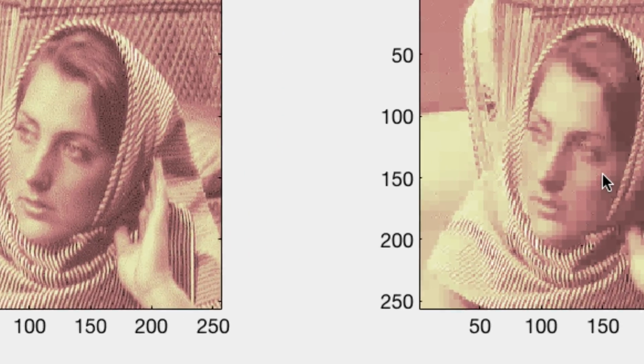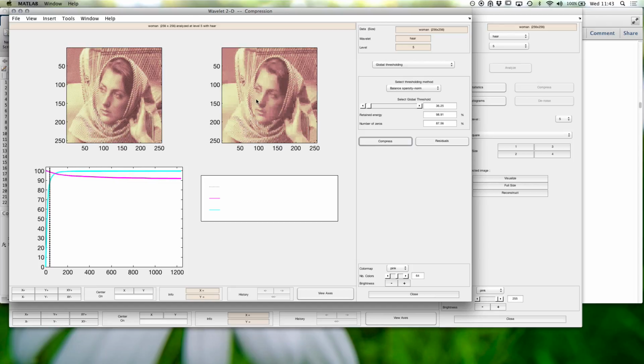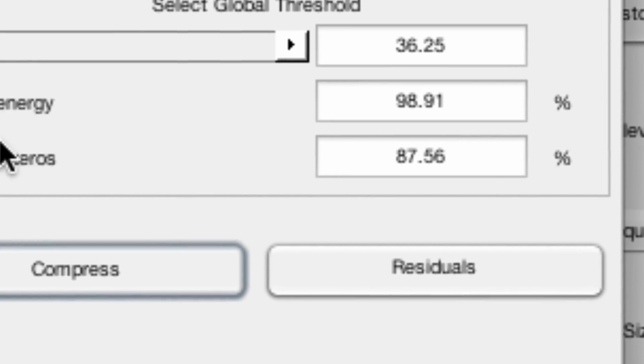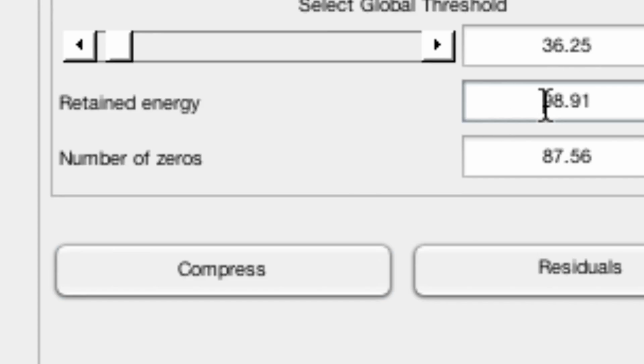Here you see that the noise is gone, although it's a little bit blocky. And here you can see these small details of the checkerboard type from the smallest details. And then here you can see that in the L2 sense, most of the quality of the image has been retained, although by human eye we can see some difference. But we have already put to zero almost 90% of the coefficients. So this is somehow the compression power of wavelets.